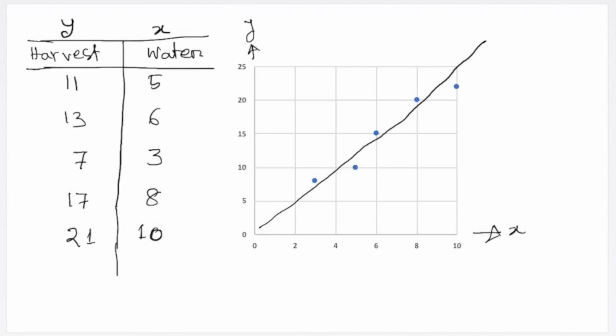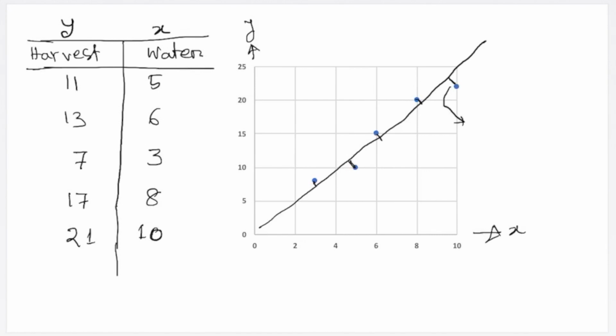If your answer is yes, then your answer is correct. Now, why is this line a better line than the two lines we drew before? This line is a better line because all the points are very close to this particular line.